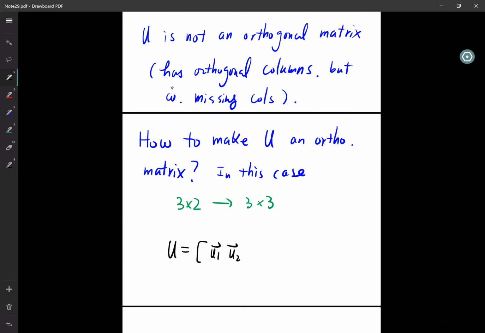I can find another column called U3, making a 3 by 3 matrix. And how do I do that? I can just use Gram-Schmidt. I find some random column, orthogonalize it with respect to U1, U2, and normalize the resulting column, and I get U3.